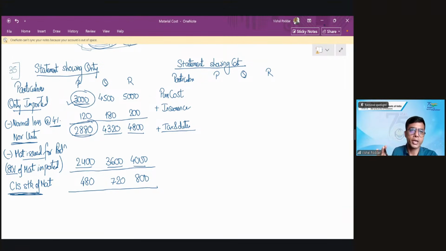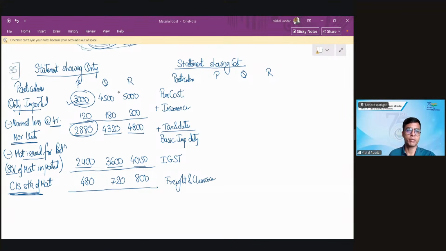We are not going to that technical part because this question is not designed on those lines. So we'll strictly go by the question. So you have the basic import duty, and what I just added for our additional understanding is the IGST. Correct? Besides this, another cost given in the question is freight and clearance. Right, students?